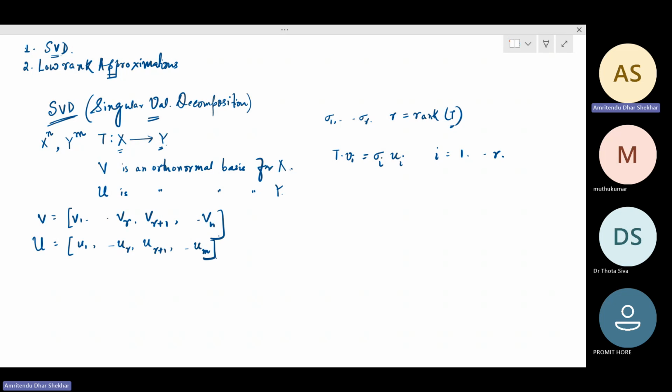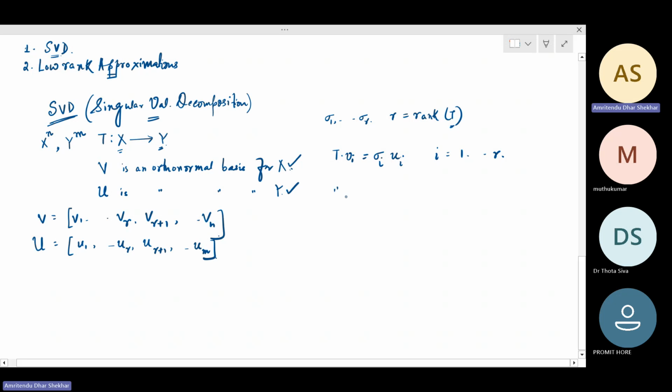So what this tells you is that you can find a basis for X and a basis for Y such that in that basis, T looks like a diagonal matrix.